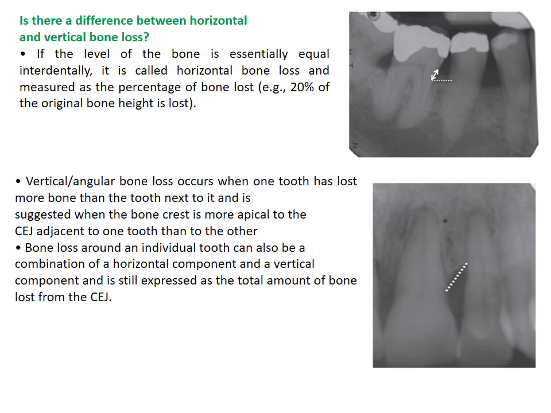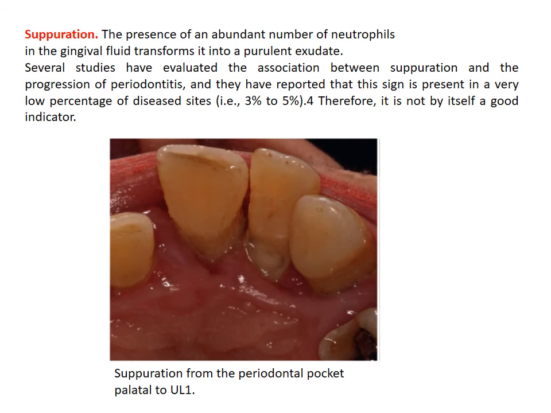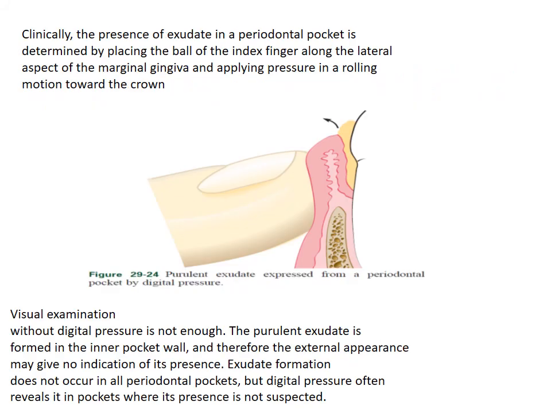Because chronic is a slow destruction that takes a long period, with resorption and remodeling of the bone, while aggressive periodontitis is rapid resorption and rapid destruction. Suppuration: if there is suppuration in the gingiva, we can press by finger and we see suppuration of the gingiva.